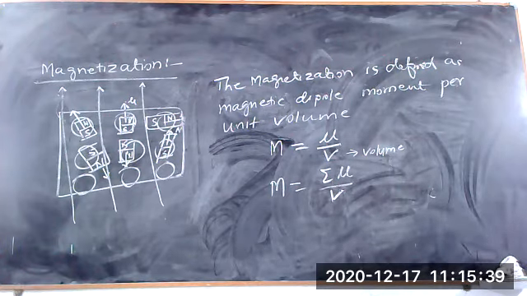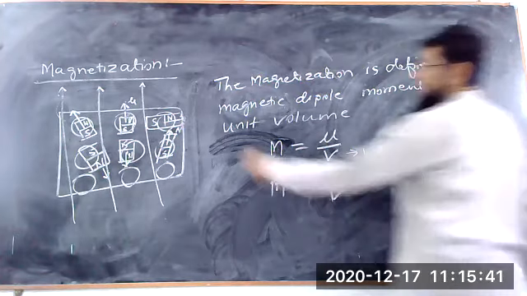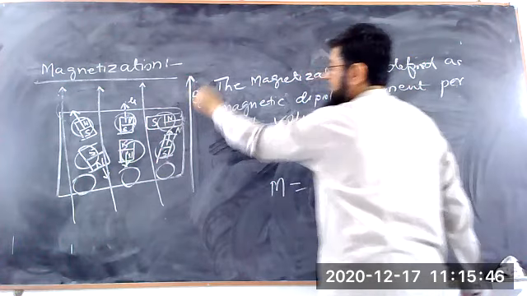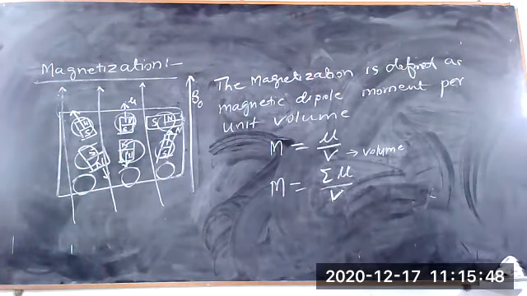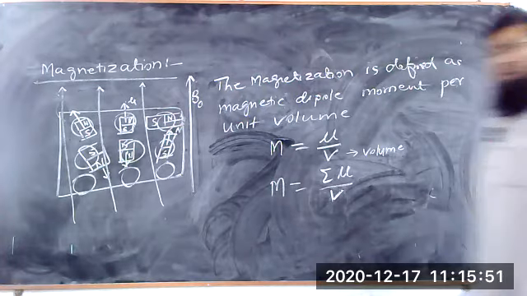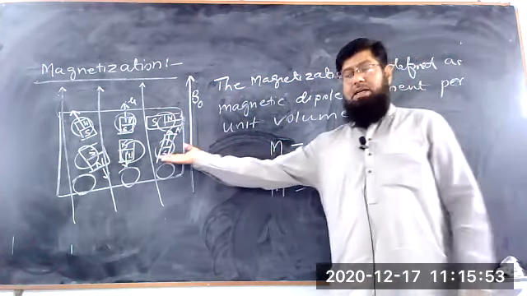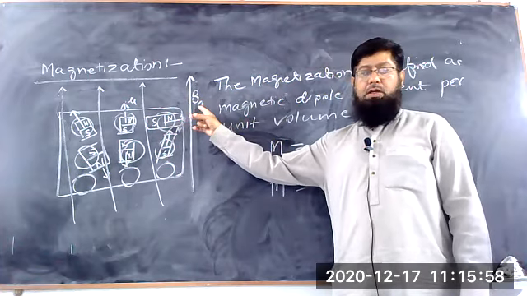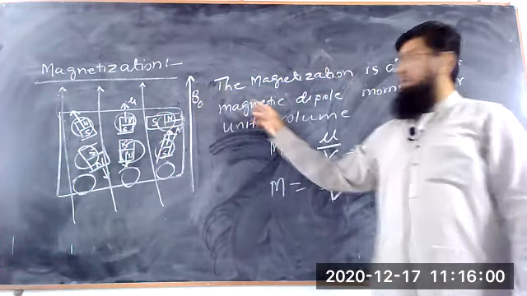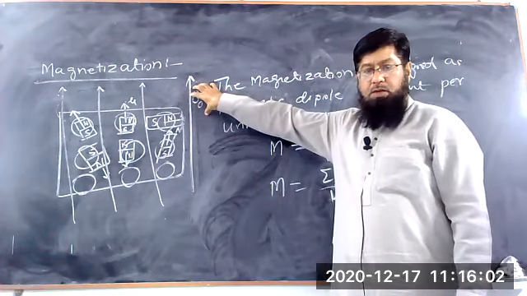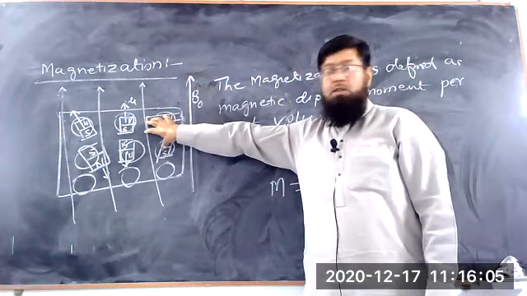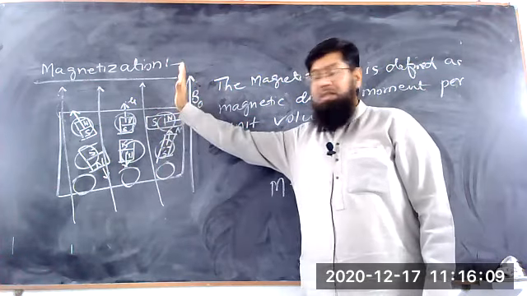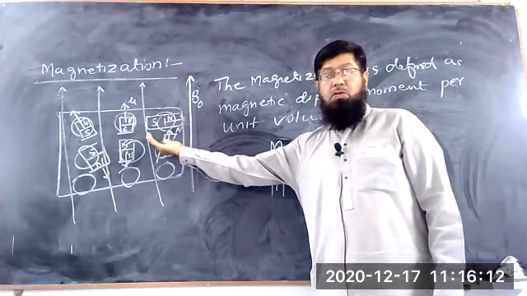So now the total magnetic field here: this is the external magnetic field, we say this is B naught. B naught is what we have seen as the external magnetic field. Now the material gets magnetized. When this material is in the external magnetic field, the total magnetic field is equal to the external magnetic field plus the magnetic field due to this magnetization process. It means when the material is aligned, it will generate its own magnetic field.